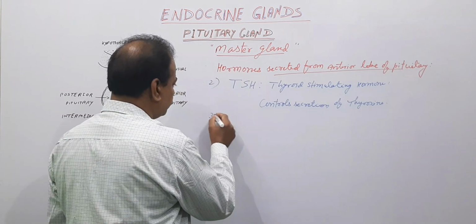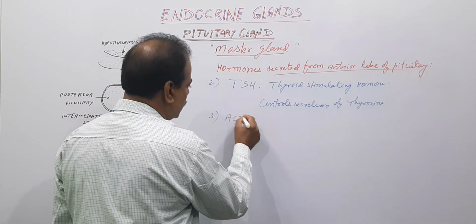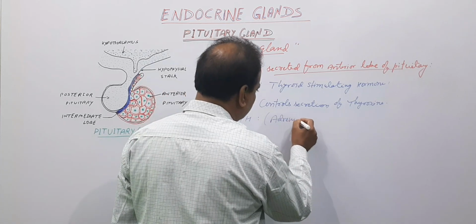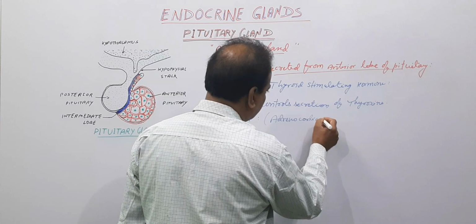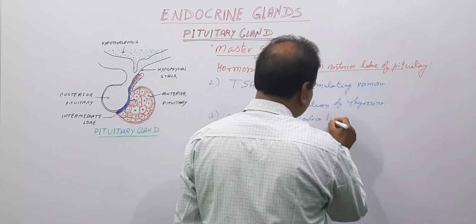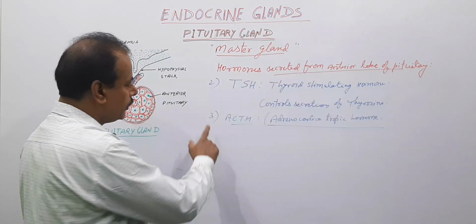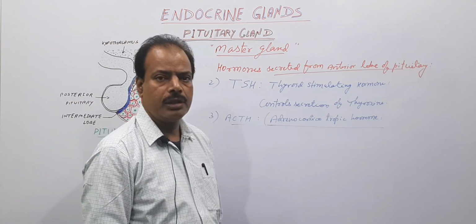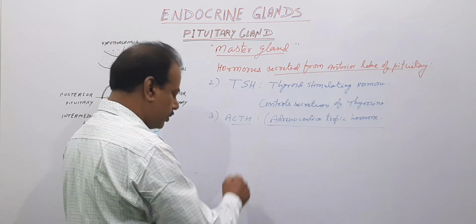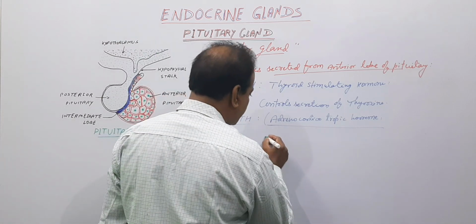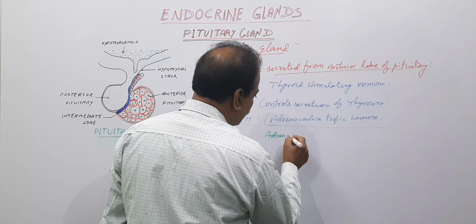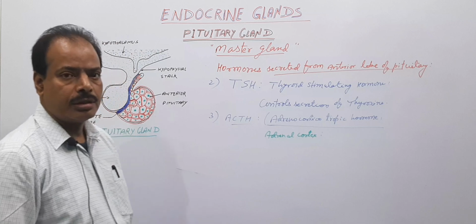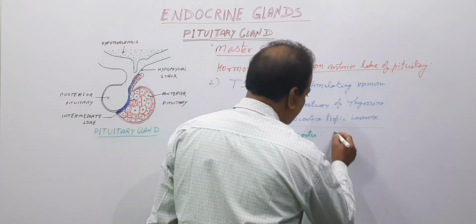Now number 3, ACTH, adrenocorticotropic hormone. It stimulates the adrenal cortex to release different types of corticoids.